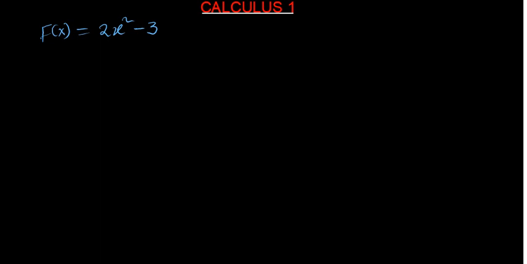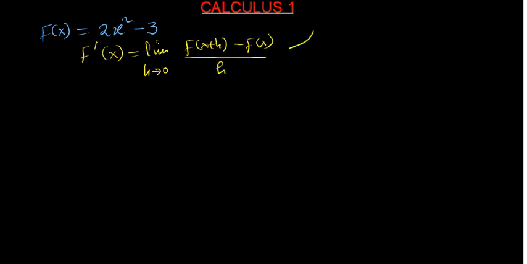By the first principle, the rule is f prime of x is equal to the limit as h approaches 0 of f of x plus h minus f of x divided by h. This is the formula, a rule which we use when we are using the first principle. So now we take the limit as h approaches 0. In the function you've been given, where there is x, we are going to put x plus h.